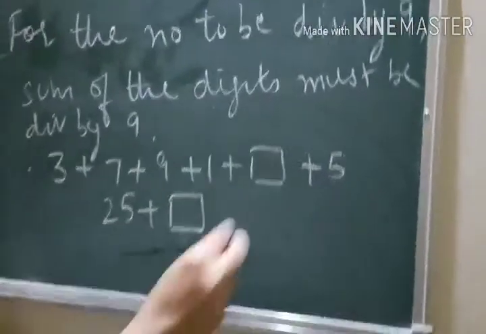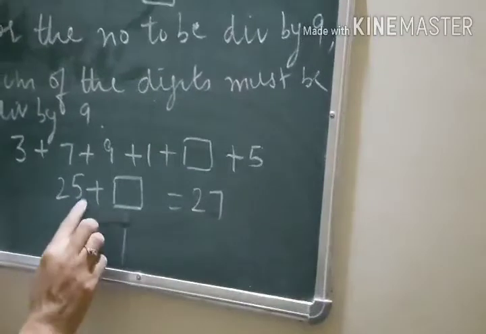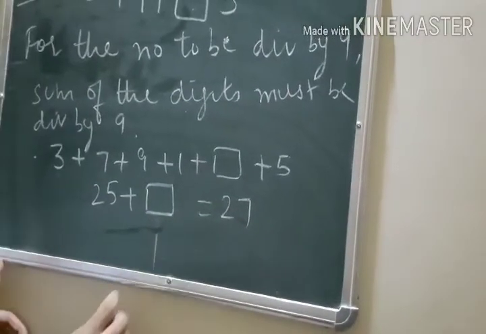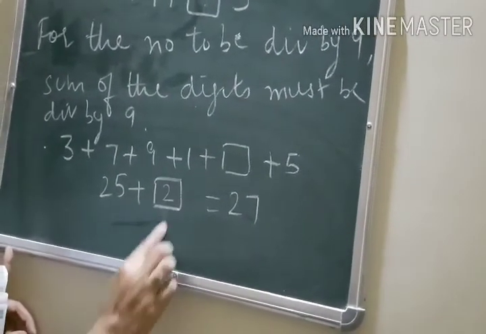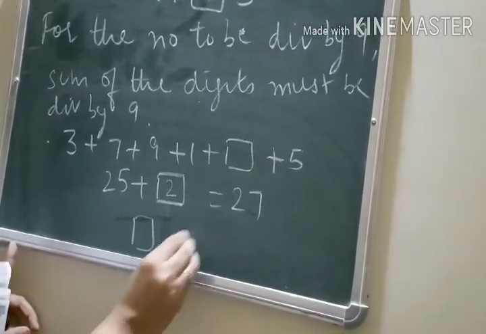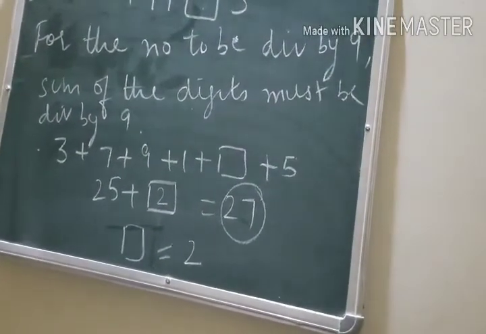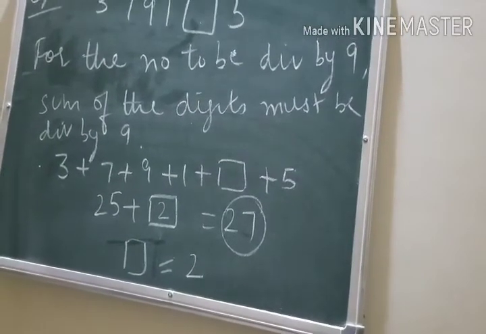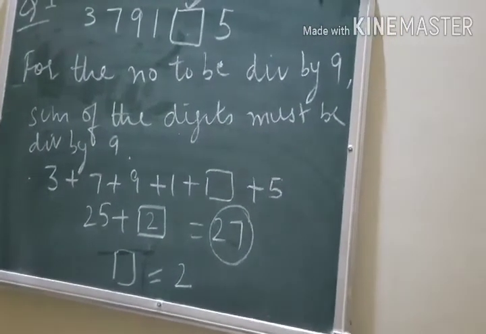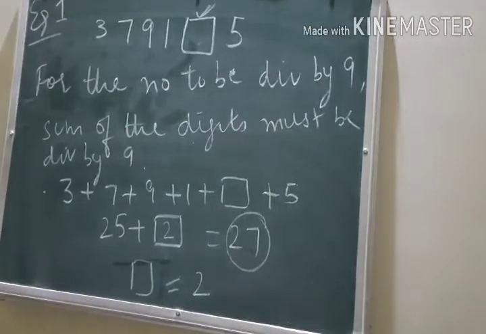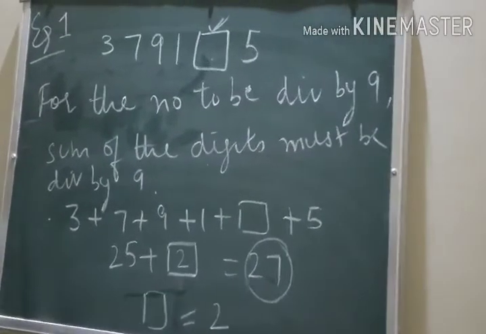It is 27. So what will we add to this 25 to get 27? It is 2. So your number which is required is 2, because 27 is divisible by 9. Right? So we'll find the nearest number which is divisible, and accordingly we will add up the number. Right? So move on to the next example.